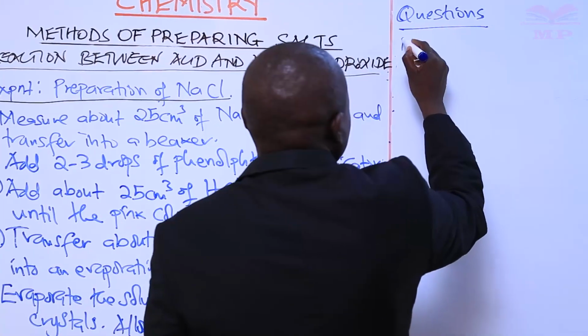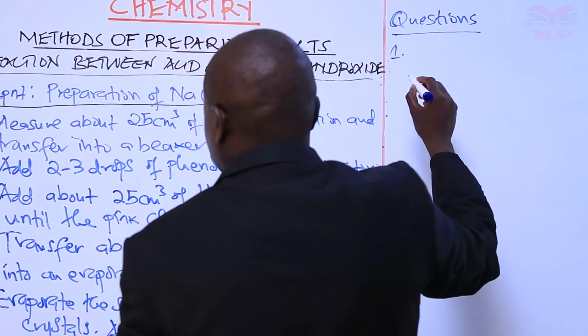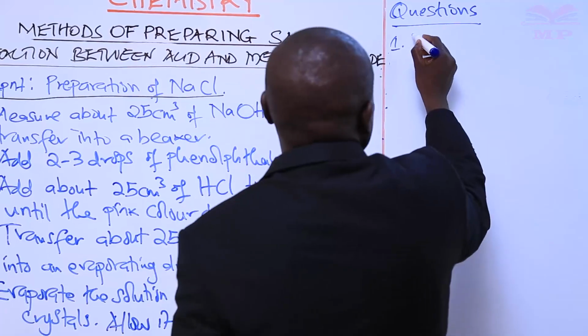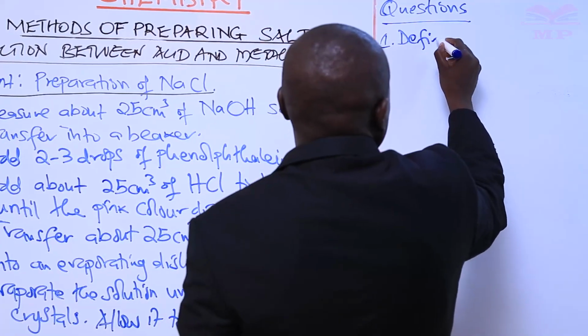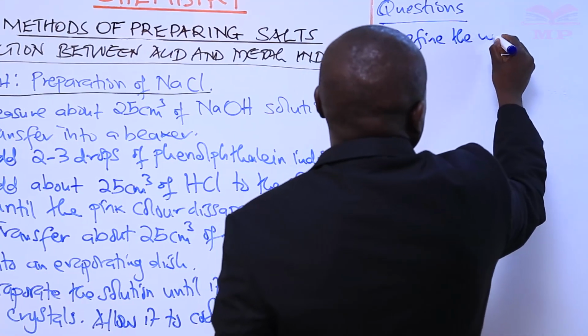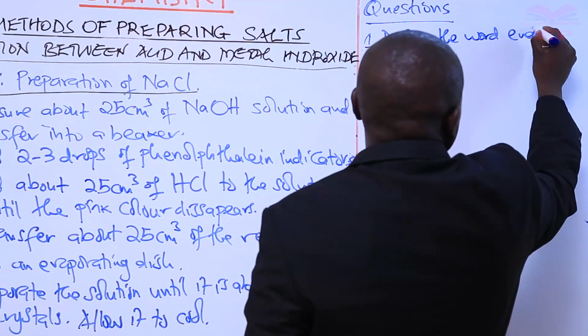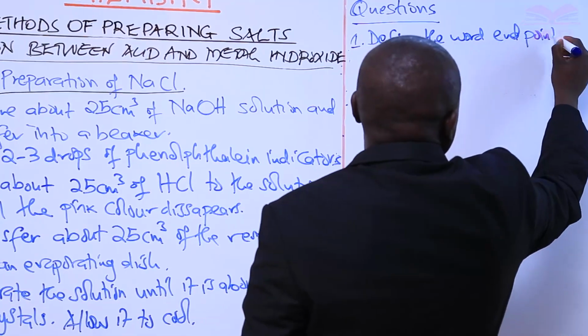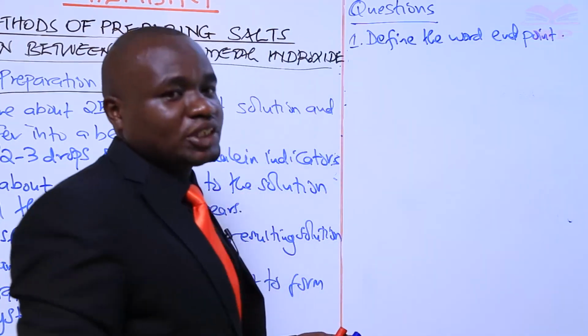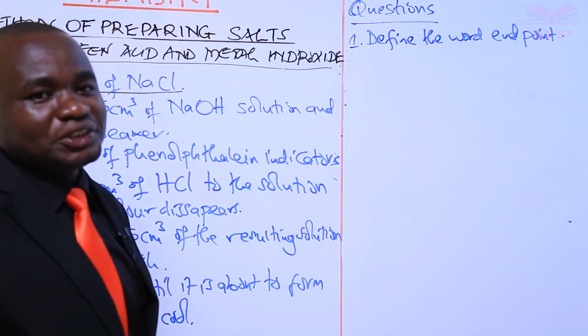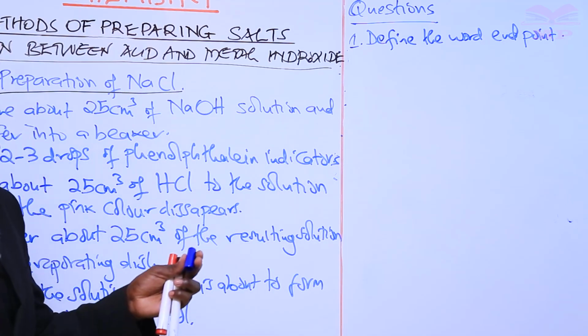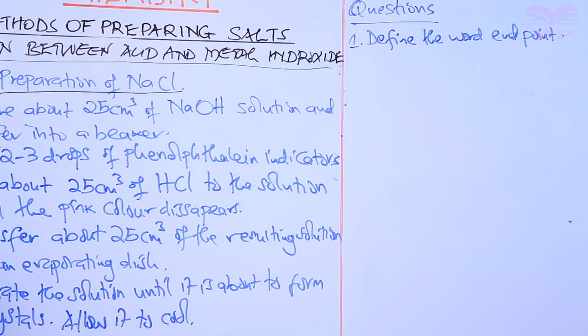The first question is, you are supposed to define the word endpoint. Remember, we have mentioned somewhere the word endpoint, and this comes in when we are handling an indicator.